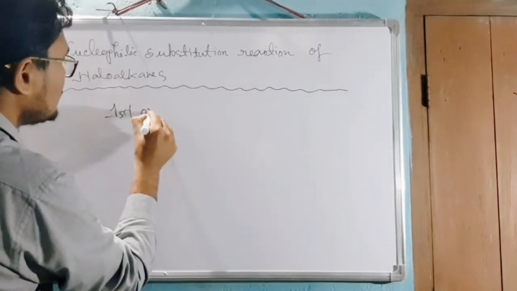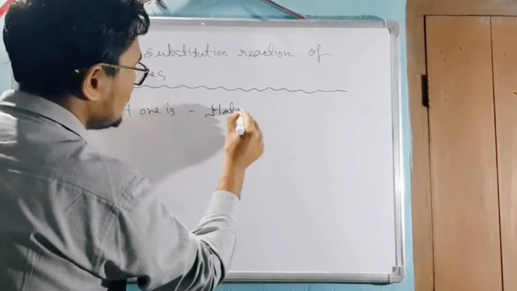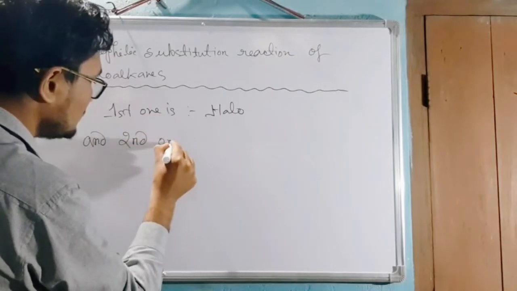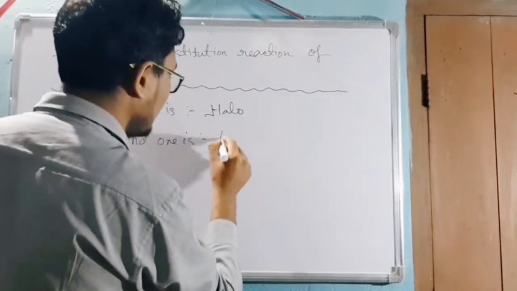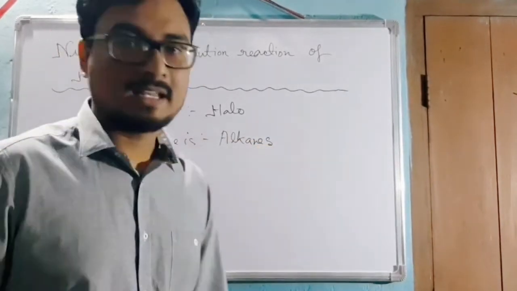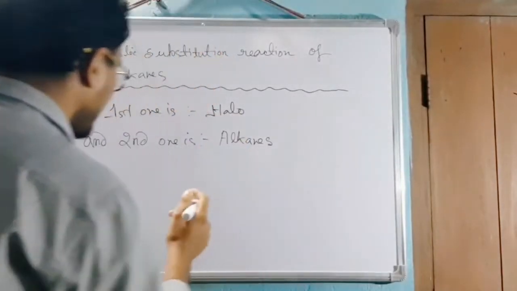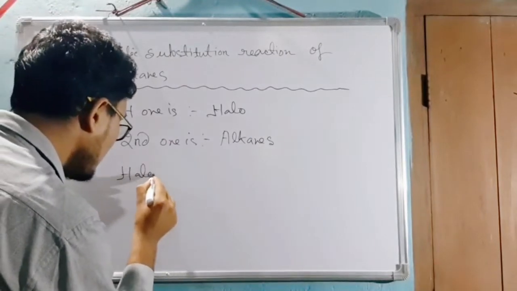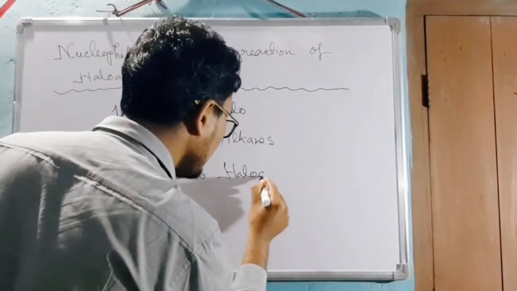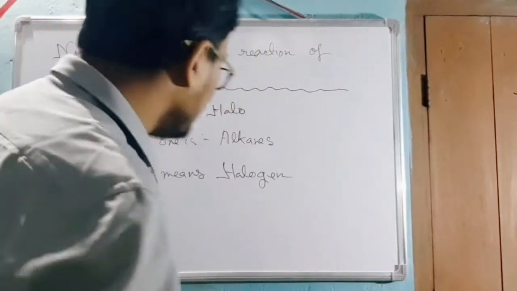First one is halo, and second one is alkanes. We all know about alkanes, so halo means halogen.